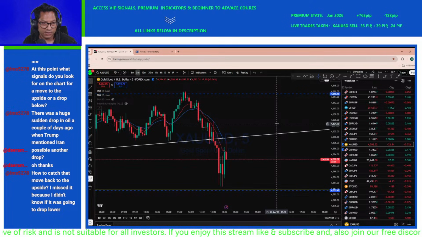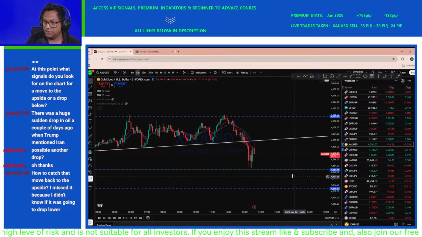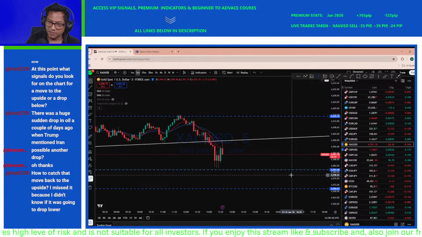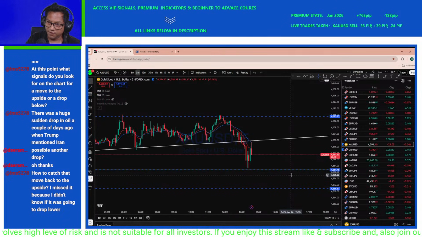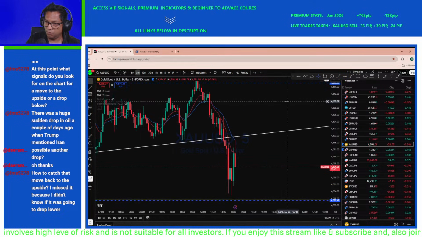If you look at it, still not showing a clear directional bias. It might go in any direction here until it prepares for one directional move.